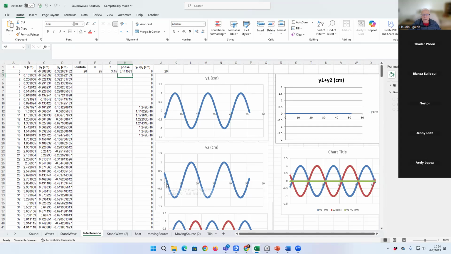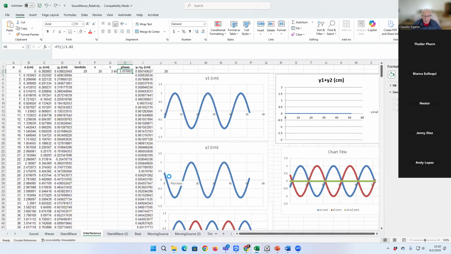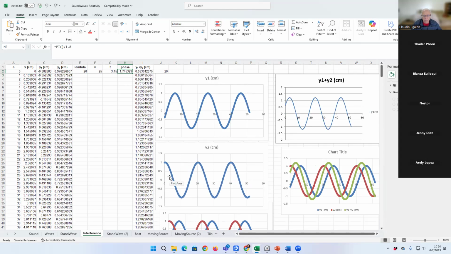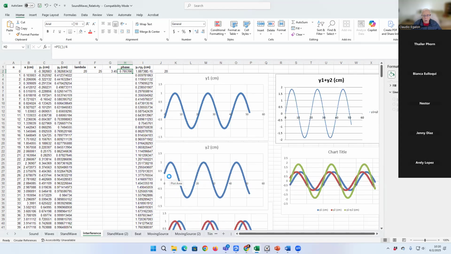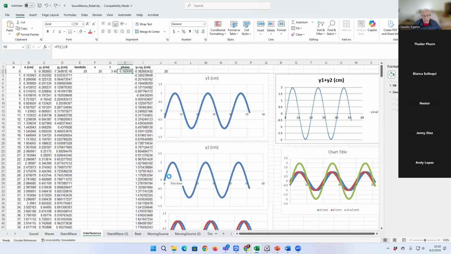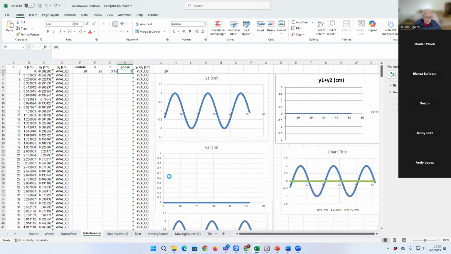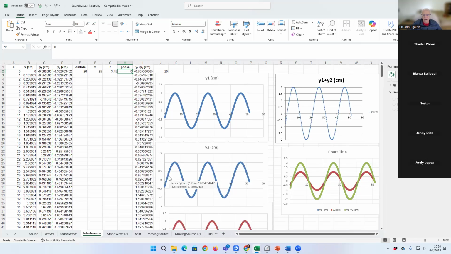So that's one extreme, right? And now you're going to see the other extreme, where you have full constructive interference. Here you go, constructive interference with amplitude equal to 2.